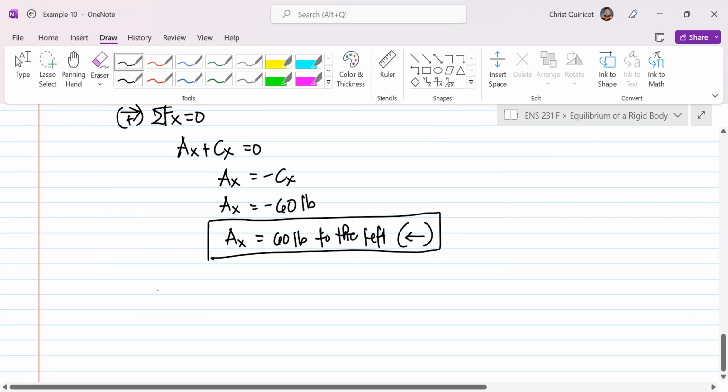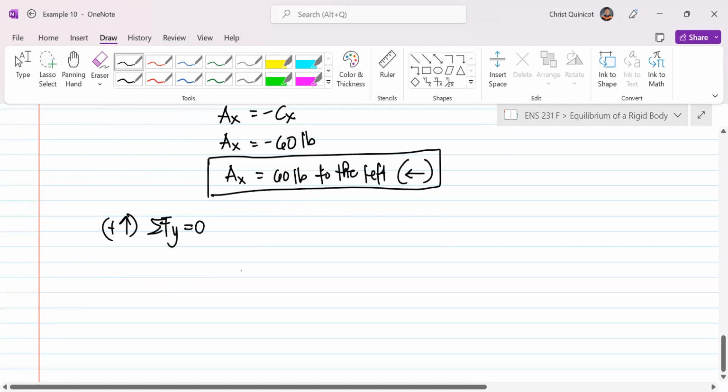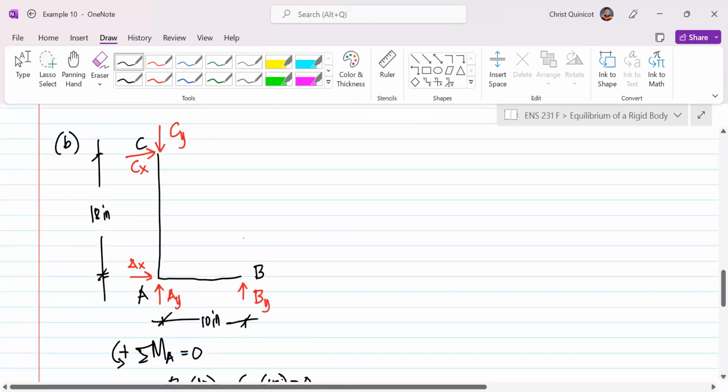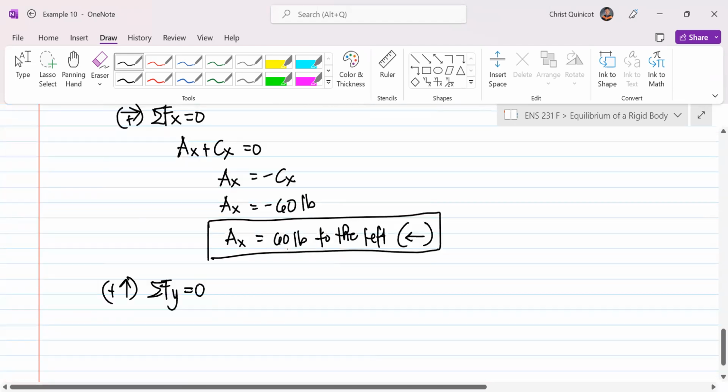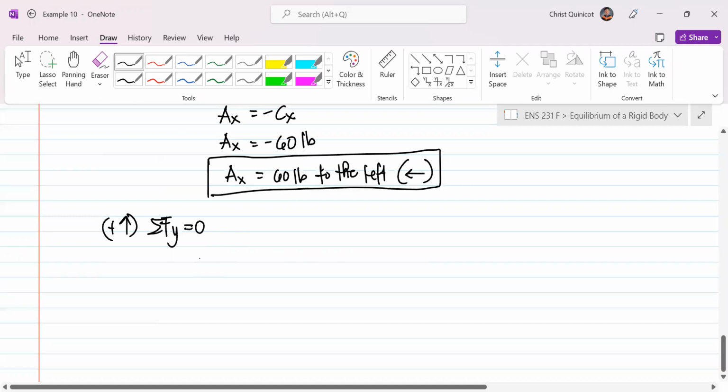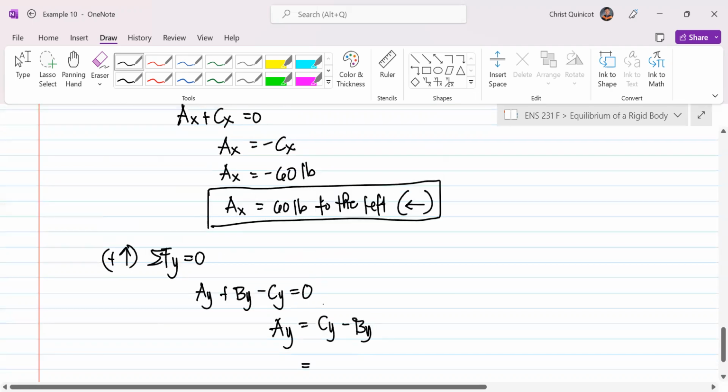Then for our A sub y, summation of forces y is equal to 0, assuming upward positive. Okay, so if we look back, only A sub y and B sub y are going up. So that is A sub y plus B sub y minus C sub y is equal to 0. So A sub y is equal to C sub y minus B sub y. And then we substitute our values.